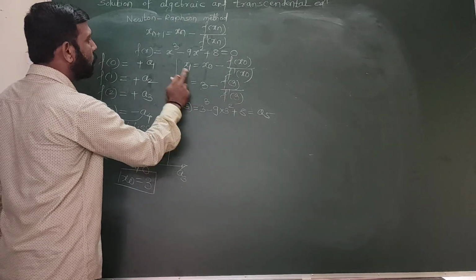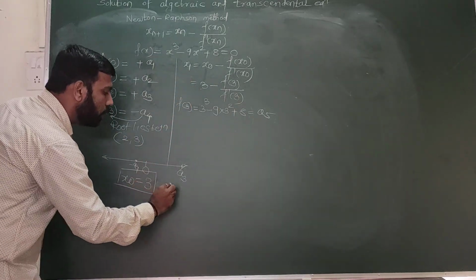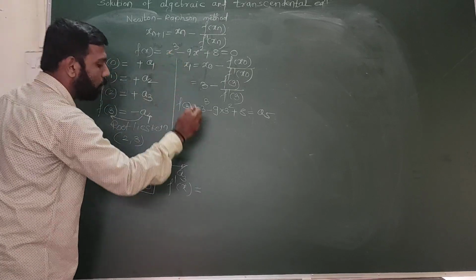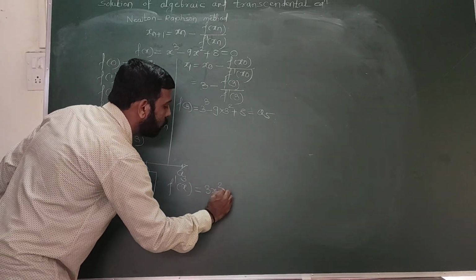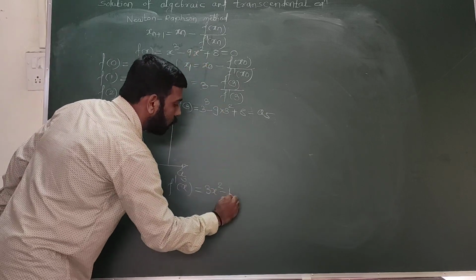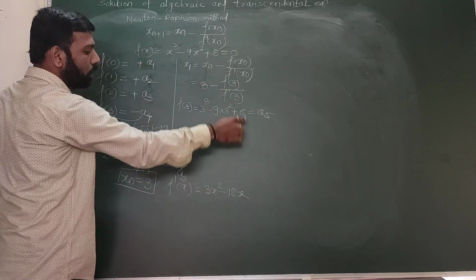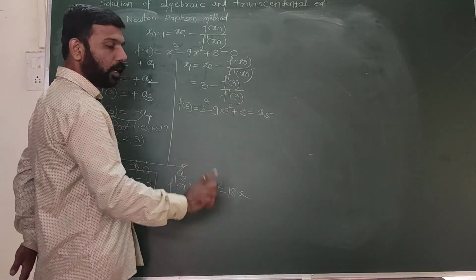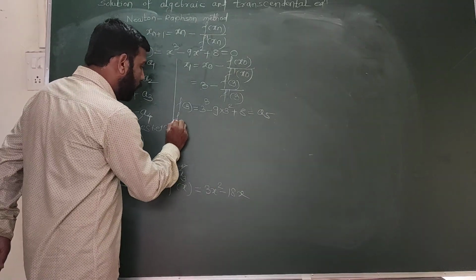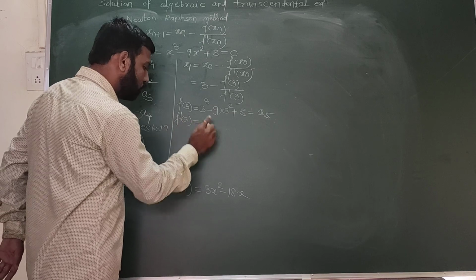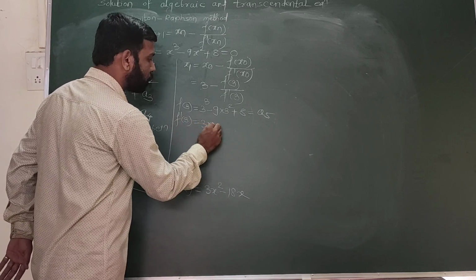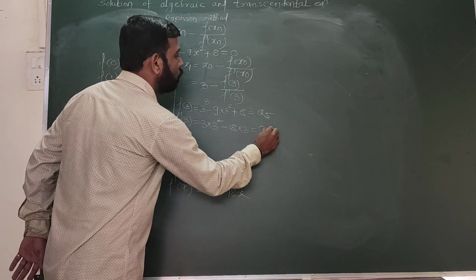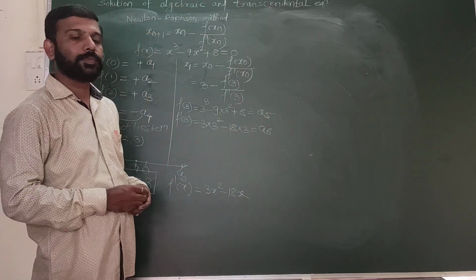First we take the derivative of this function. f dash of x is equal to the derivative of this polynomial, 3x square minus 18x. The derivative of the constant is 0, so we will not write that. So this is f dash of x. Now, what is f dash of 3? Substitute 3 in this, and suppose that value is a6.